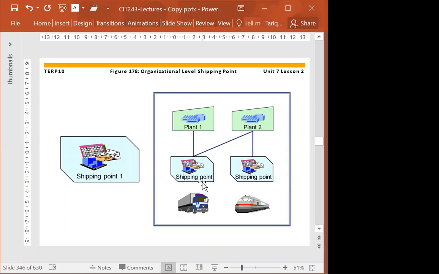We are distributing our material through couriers, through postal services, through port is a shipping point. Now you can say that one shipping point can be for many plants, and one plant has many shipping points. So this is like a many to many relationship.